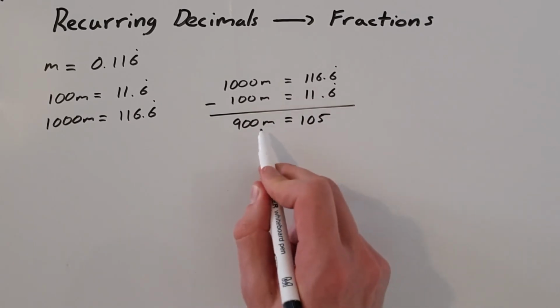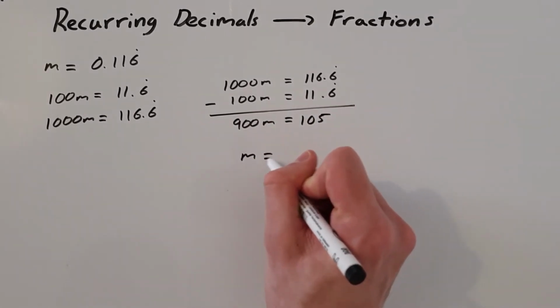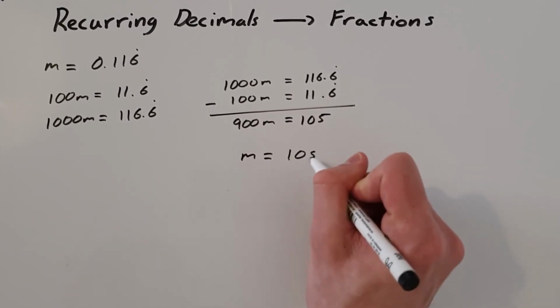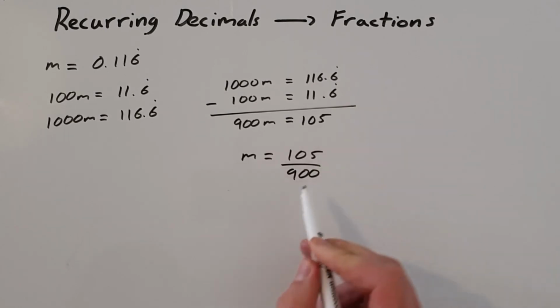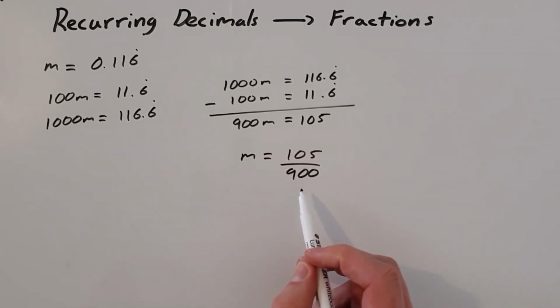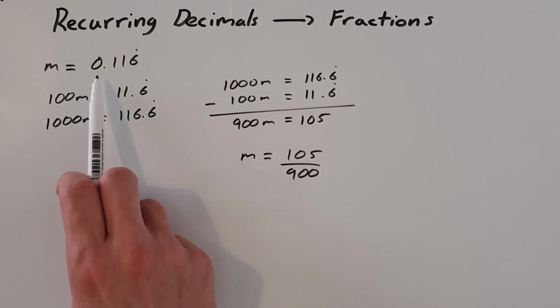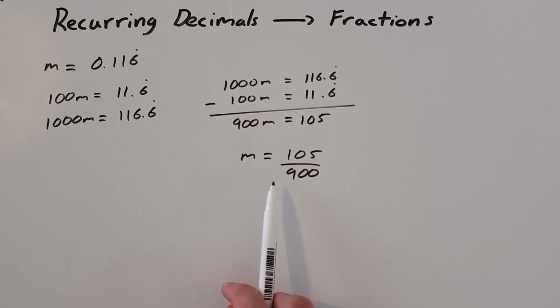Okay, so now if we rearrange this for m, m now becomes 105 over 900. And this is our fraction. This is our fraction that is equal to 0.116 recurring.